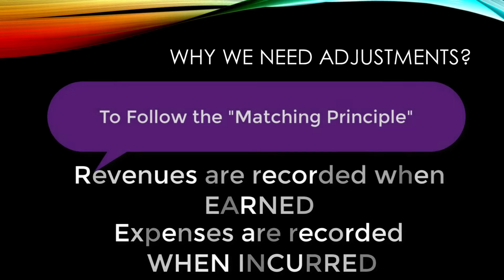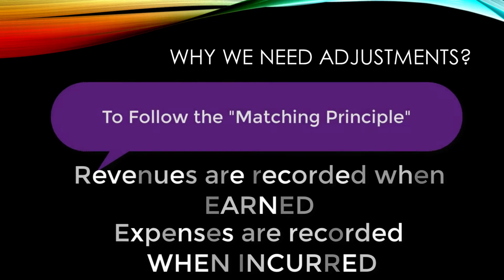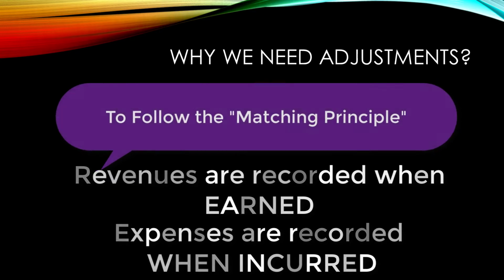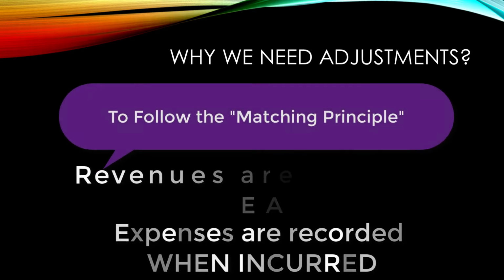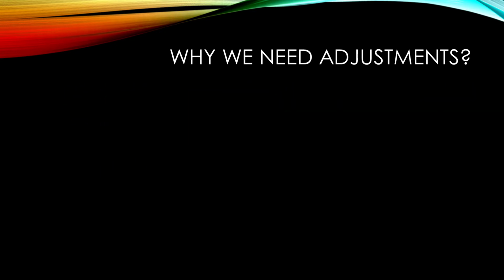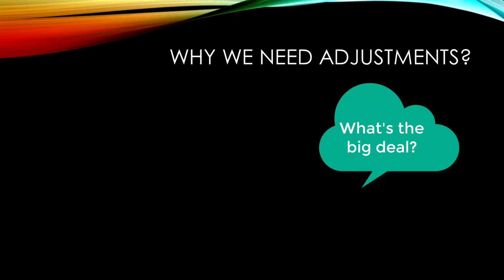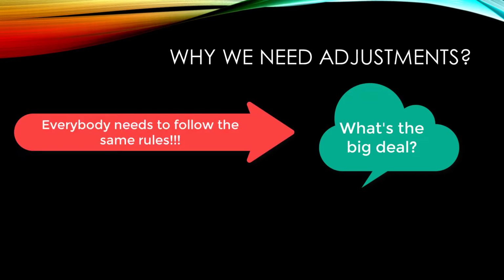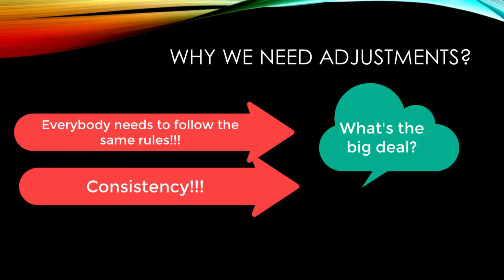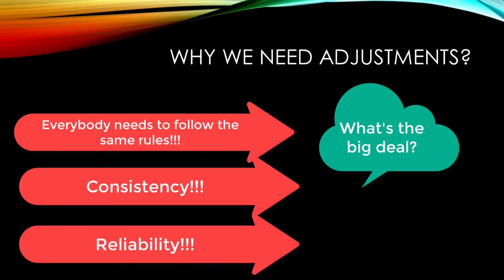Of course, record keeping is critical to all businesses, large and small. So why does matching these revenues and expenses within the same year matter so much? If businesses were allowed to record revenues in one year and then postpone the recognition of their expenses until another year, their net income would not be reliable.